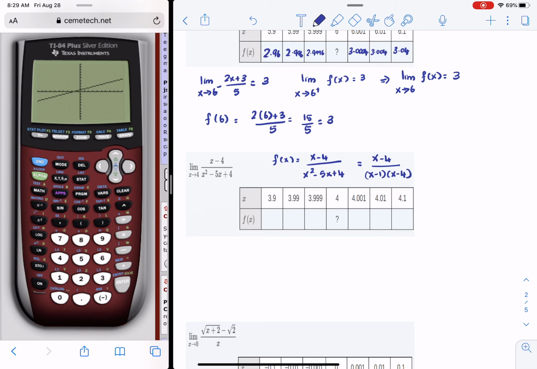I'm simply factoring. So those two would go away, and this would result in 1 over x minus 1.